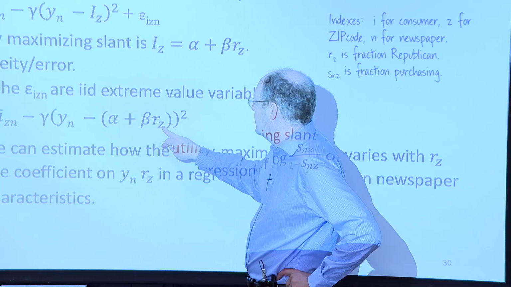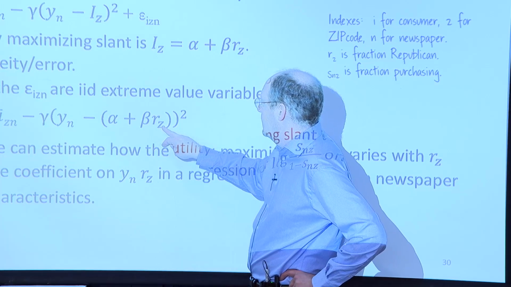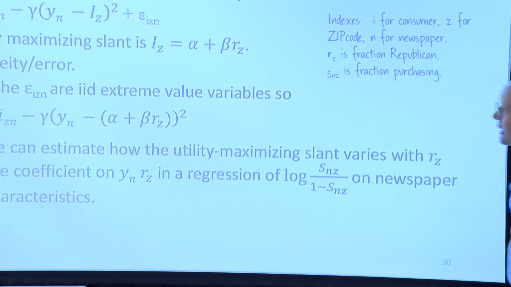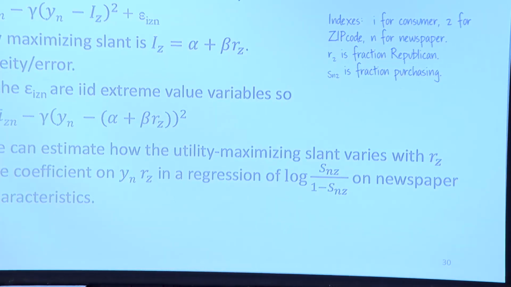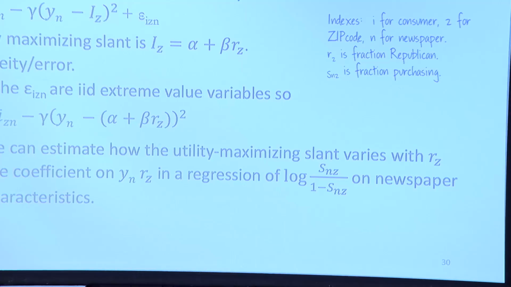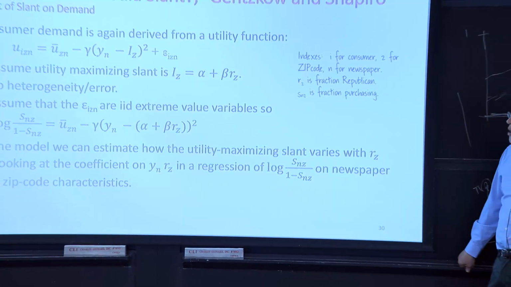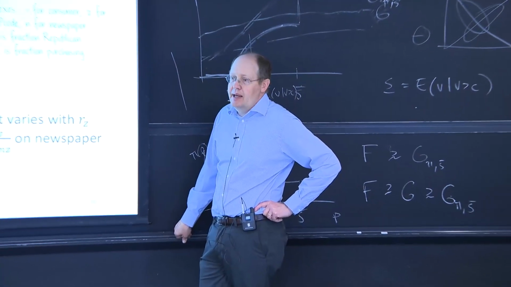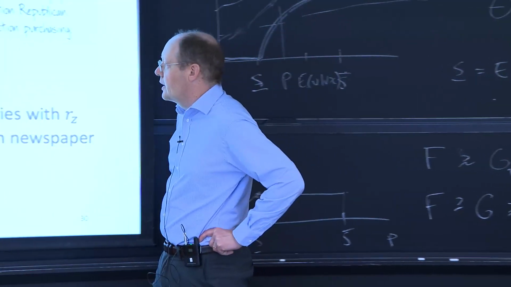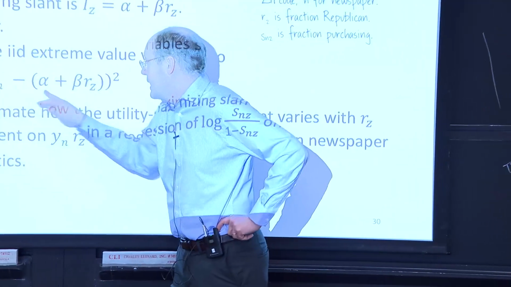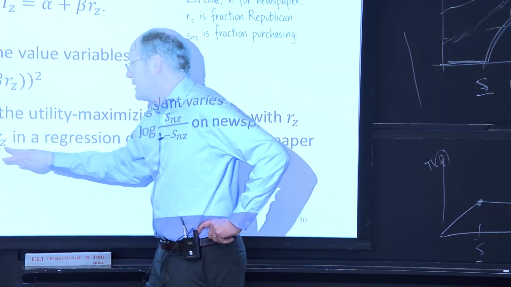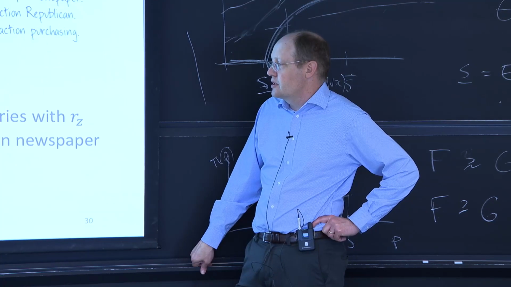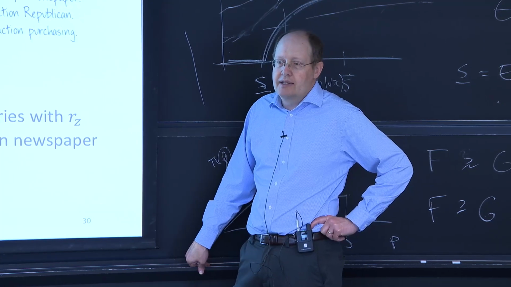It's going to be minus 2 times gamma times beta. So we're going to identify gamma times beta by just looking at the coefficient of this when I regress log of share of purchases in newspaper on right-hand side variables.